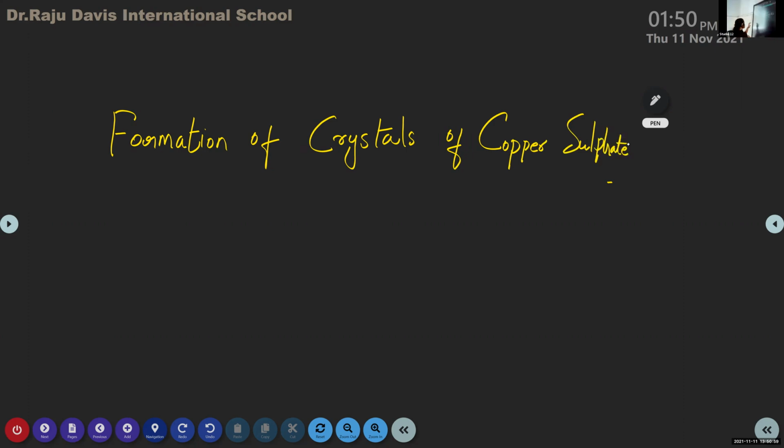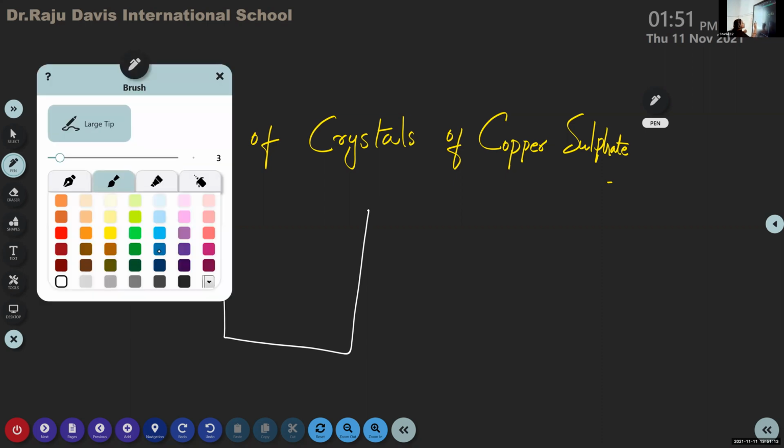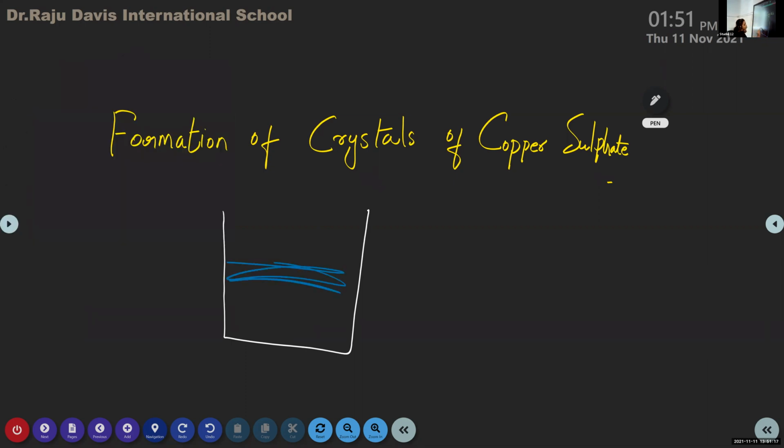Okay, very good. So here we take a beaker with copper sulfate solution. Copper sulfate solution means the copper sulfate powder is dissolved in water. We get a blue colored copper sulfate solution.